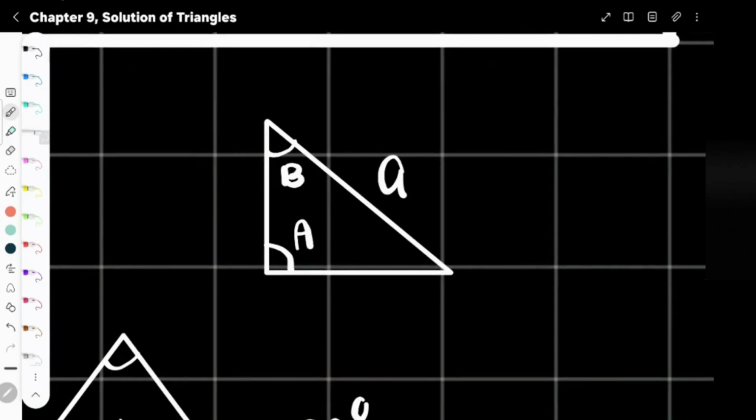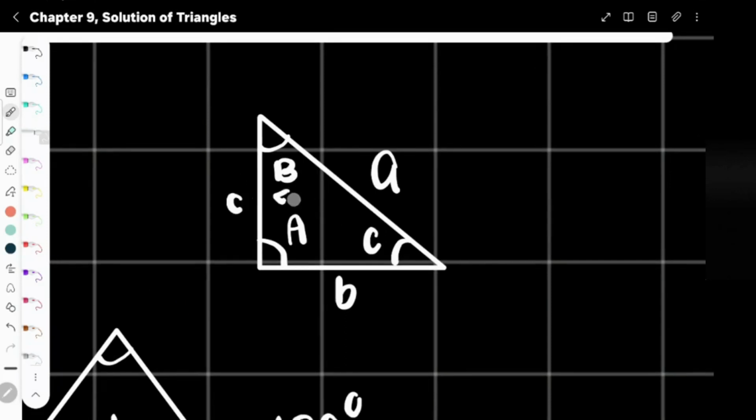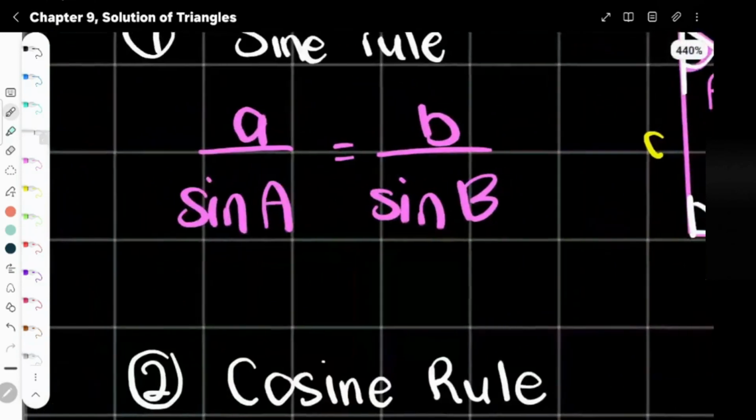So if this is B, the opposite side of it is the small b. If this is C, the opposite side of this is going to be small c. This is capital C, this is small c. It's fine if you don't know that. So this is the way we calculate, and that's how we're going to use it in the formula here.